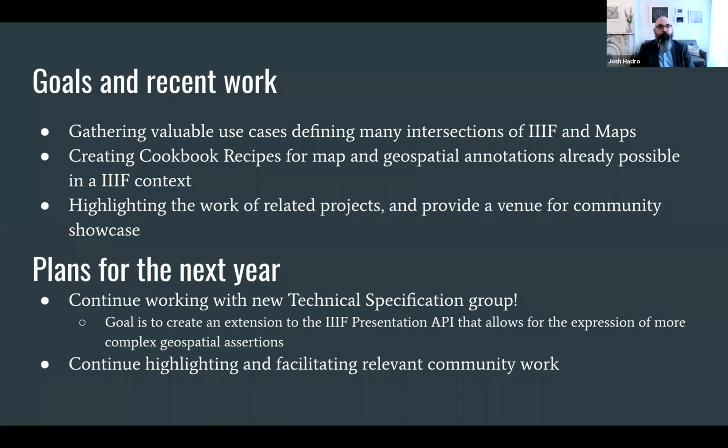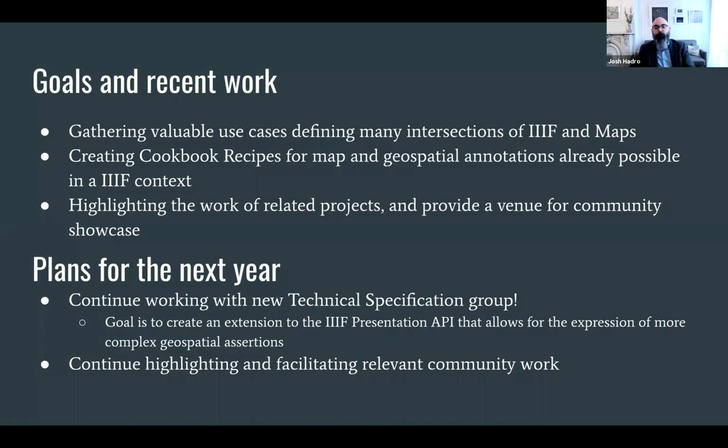So like many community groups, the goal there is to foster conversation, gather use cases, help spur some work toward the cookbook recipes. And their work for the next year is to work with the new technical specification group. So this is an interesting example of a domain that has both a community group and a technical specification group, in some ways similar to the way Discovery is working.